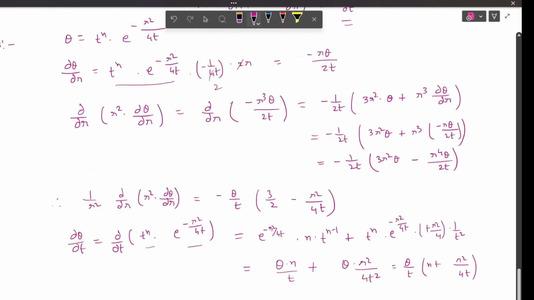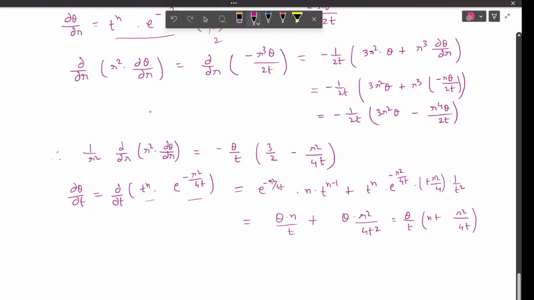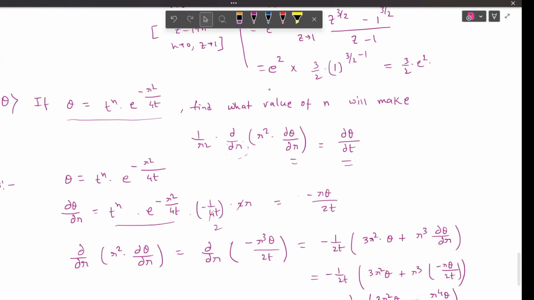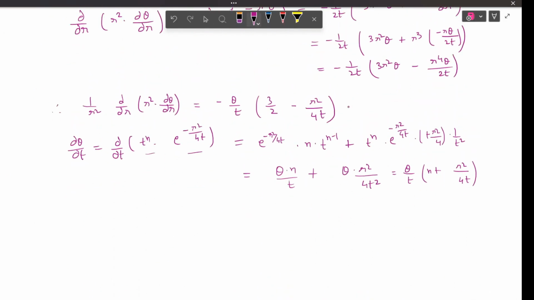So from this, now it is given that we have to find the value of n, so that means this thing is equal to this. So let's equalize. So minus theta by t into 3 by 2 minus r square by 4θ is equal to theta by t into n plus r square by 4θ.